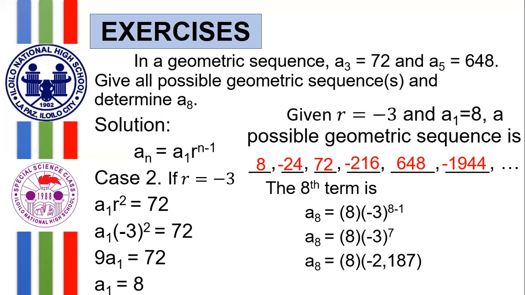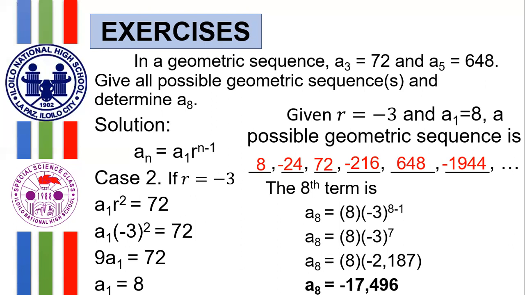That's why a sub 8 is 8 times negative 2,187, or negative 17,496. Earlier in case 1, the common ratio was positive and the answer was 17,496, but for this second case, it's negative.